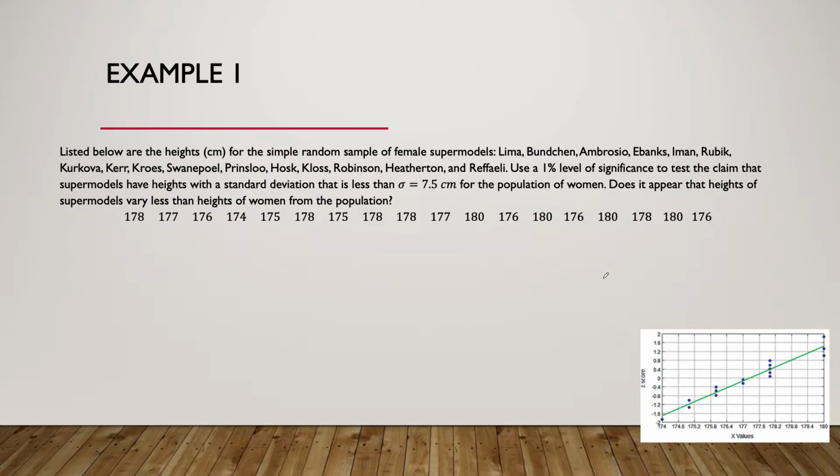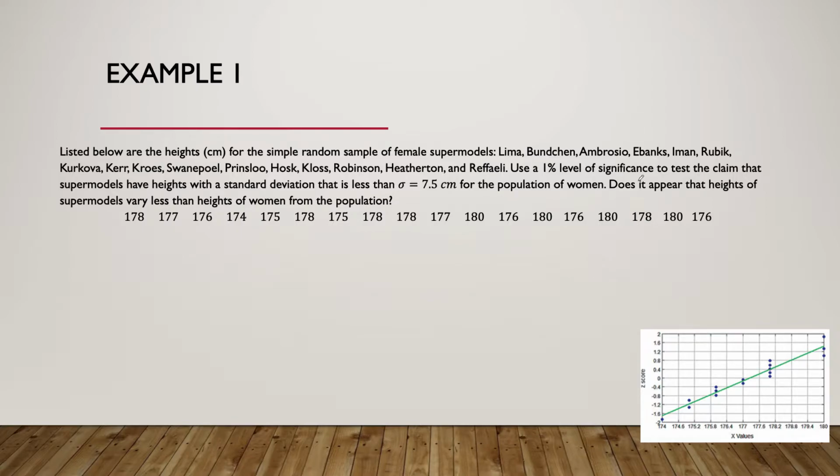So, for example, listed below are the heights in centimeters for the simple random sample of female supermodels: Lima, Bunchen, Ambrosio, Ebanks, Iman, Rubik, Korkova, Kerr, Kroes, Swanepoel, Prinsloo, Hosek, Klaas, Robinson, Heatherton, and Raffaelli.